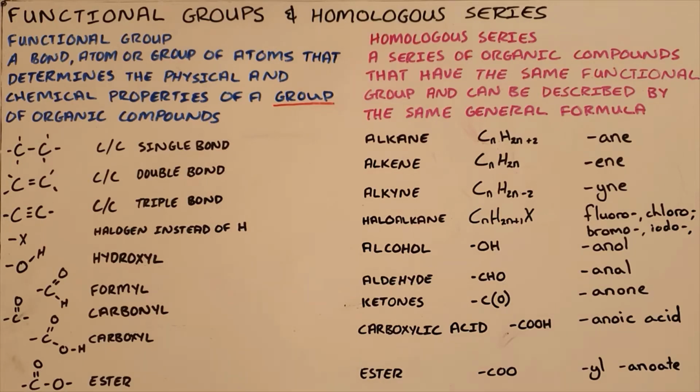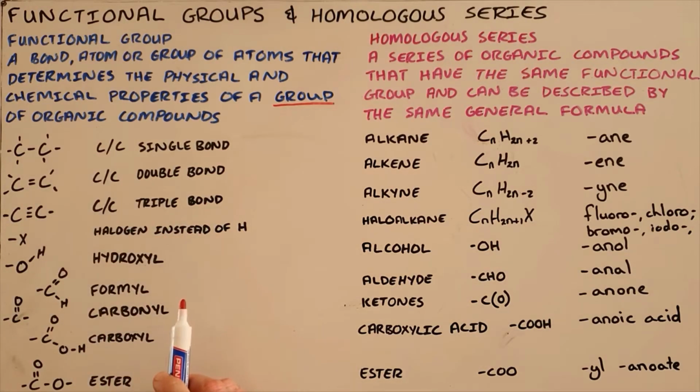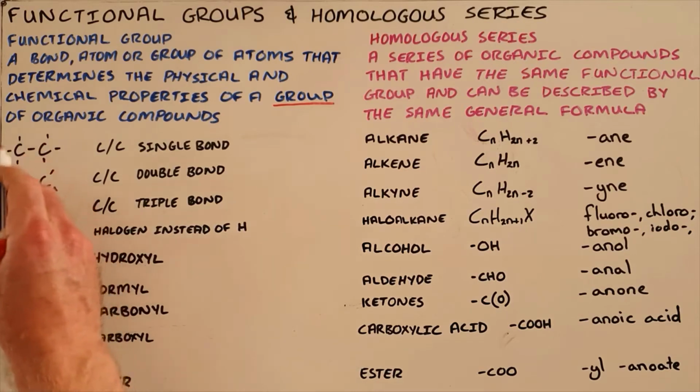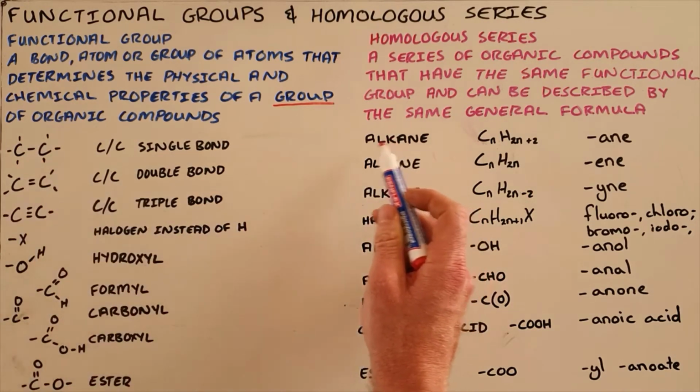So what this tells us is that the functional group is that bond, atom or group of atoms that defines a molecule. So the simplest molecule that we find has a functional group that is a carbon-carbon single bond, and we say that the functional group is the carbon-carbon single bond, and the homologous series is the alkane.